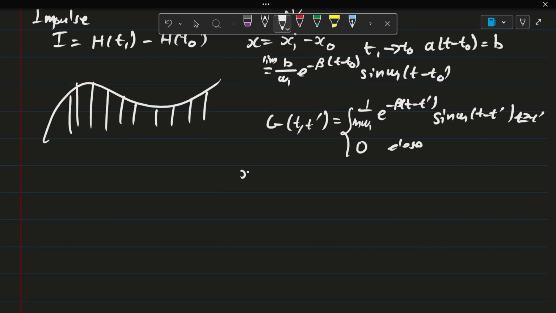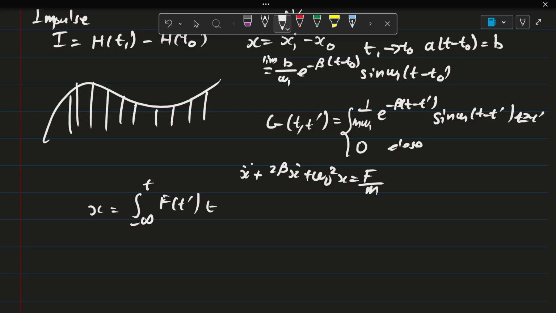Using this to solve x double dot plus 2 beta x dot plus omega 0 squared x equals F over m, you could just get x to be the integral from negative infinity to t of the force and the Green's function dt prime. And this is the solution. It's a very fast method for you to solve any type of equation as long as you know the Green's function of such a differential equation.